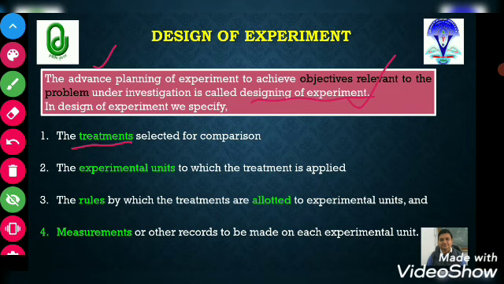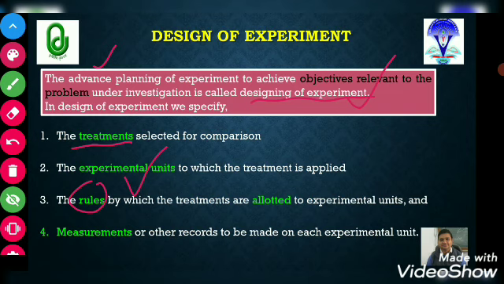Then the experimental unit, on which you want to apply the treatment. If you want to increase milk production, your experimental unit will be the lactating animals. So those lactating animals you have to identify. So in a design of experiment, you are specifying the treatments, the experimental unit, that is the experimental animals, and the rules by which the treatments are allotted to the experimental unit.